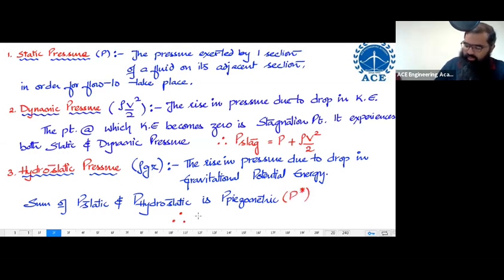The value of P star is equal to P plus rho g z. This is regarding the various pressures we have. Let us now move further.